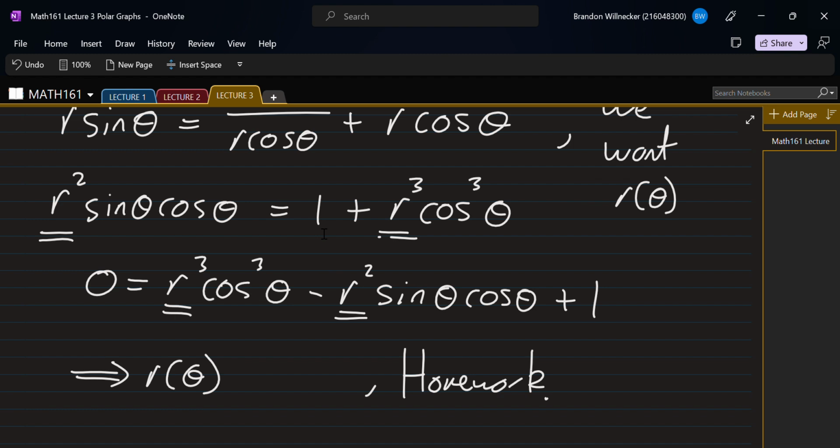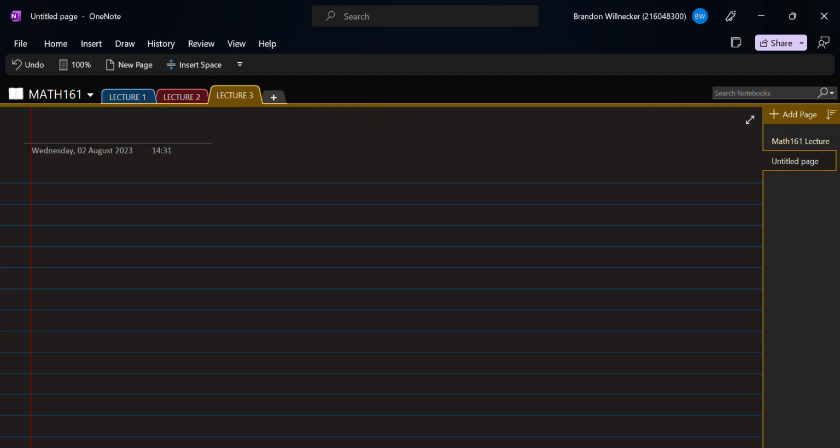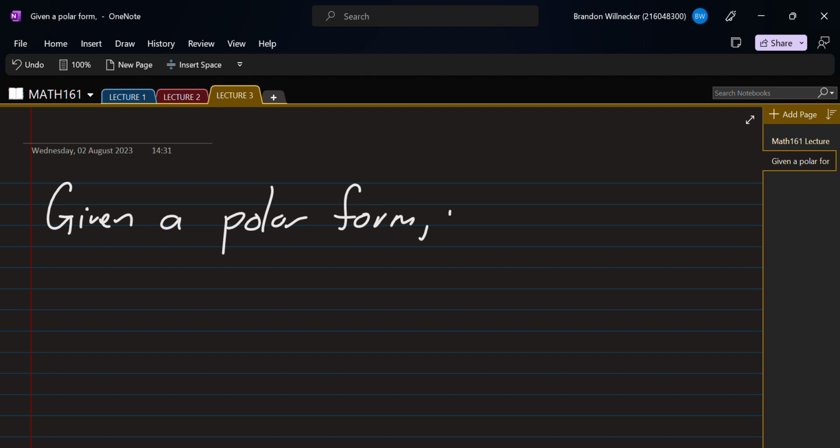Now we're going to look at, given a polar form, what is the Cartesian form? Again, you should be able to go both ways with that. Okay, so next part, given a polar form, what is the Cartesian form?